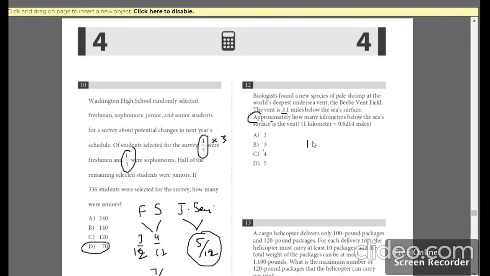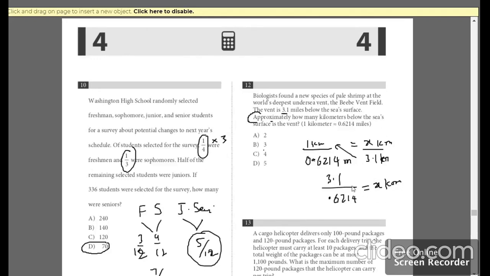So for 1 kilometer, there is like 0.6214 miles. So how many kilometers is 3.1 miles going to be? So kilometer to miles, we need to work out how many kilometers. So on dividing this, 3.1 divided by 0.6214 is going to give us exactly the kilometers.